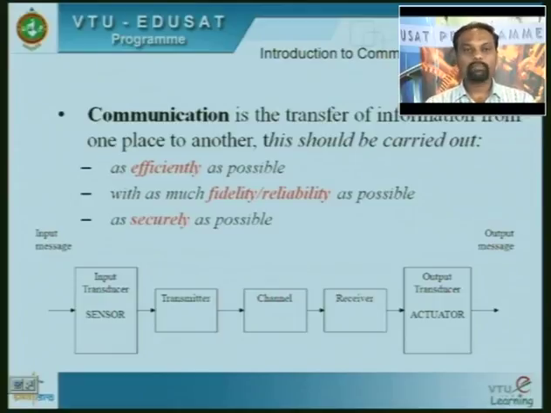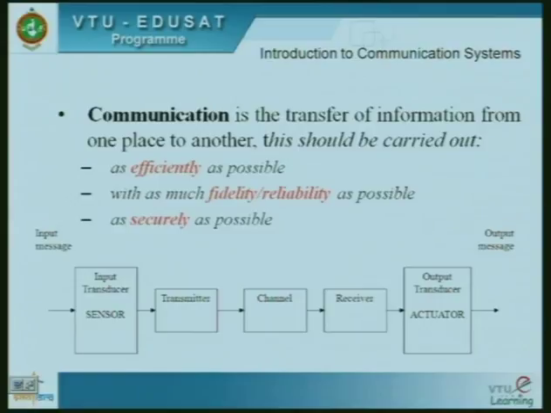As we transfer the information from a source to a destination, it is also required that the information be efficiently transferred and reliable, so that the person on the other side is able to understand that this is reliable information, and it should also be secured so that nobody is able to hack it. So the 4 important terminologies that describe communication are transfer of information, efficiency, reliability and security. That is the basic definition of communication.